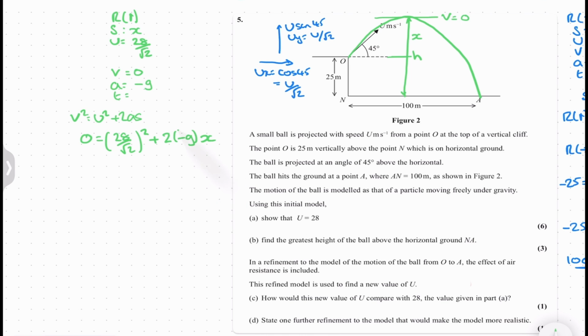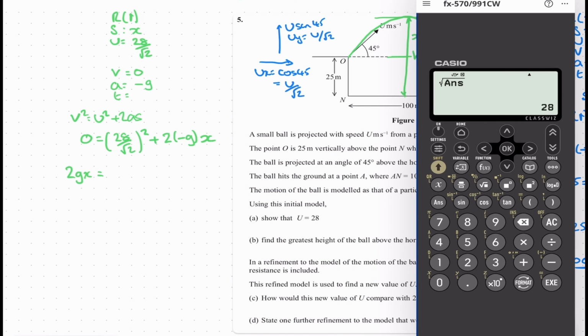We'll move this term over to the left-hand side, and we'll work this bit out on our calculators. So 28 over root 2 all squared will give us 392.